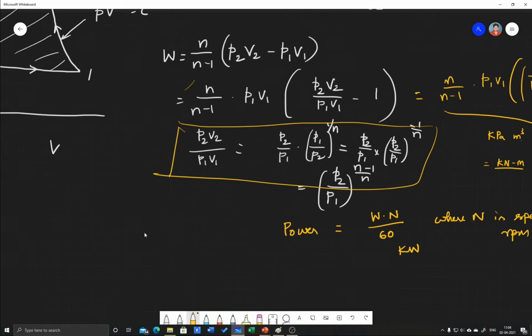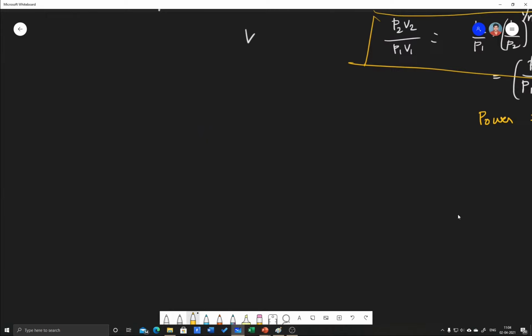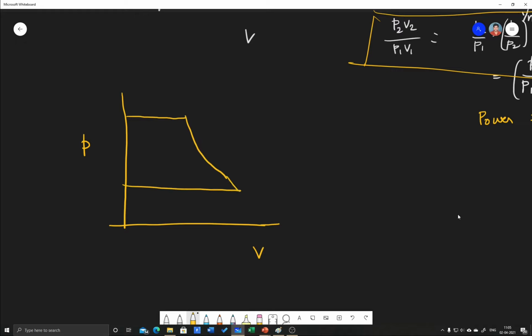Okay. So if it is a polytropic process, you draw the PV diagram for all the processes. So initially this is 0, 1, 2, 3. This is PV power n equal to constant. Generally n will be between 1 and 1.4, or gamma.